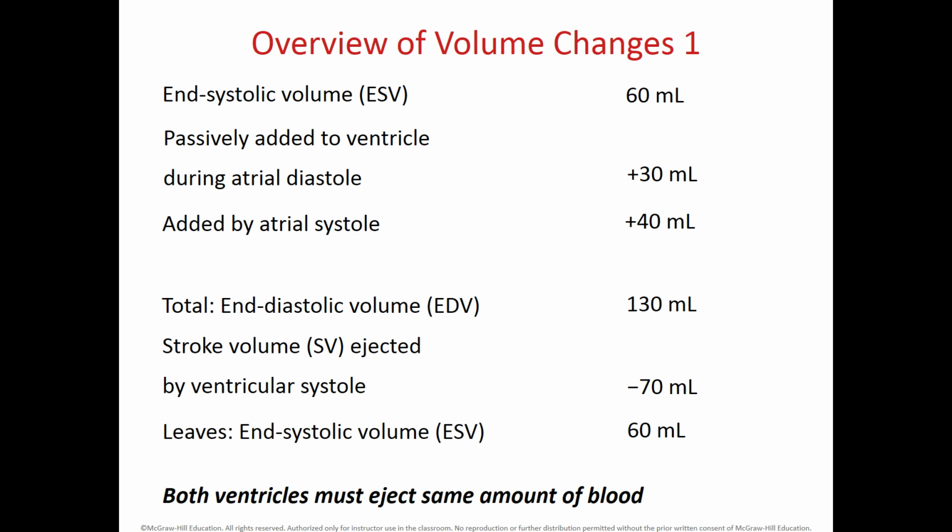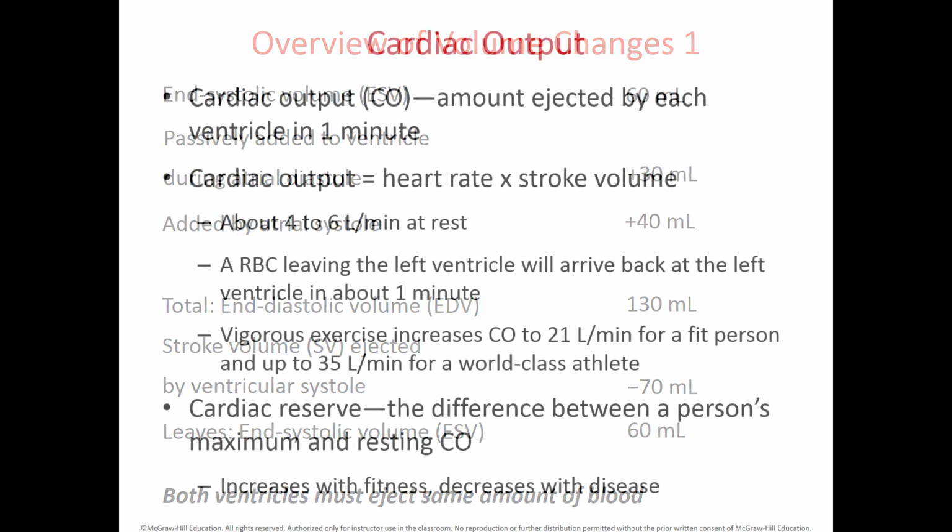And during ventricular ejection, you have minus 70 milliliters of blood to leave 60 milliliters of blood within the ventricles. Independently of whether it is the right or the left ventricle, both of them will eject the same amount of blood, which will be the stroke volume, 70 milliliters.